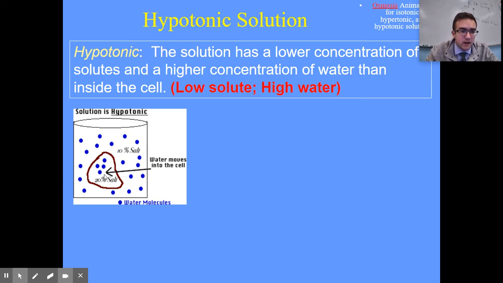So the way to think about it is this: inside the cell is a lower concentration of water than outside the cell. So to balance out, water is going to move into the cell because salt's too big to pass back and forth across the cell membrane.